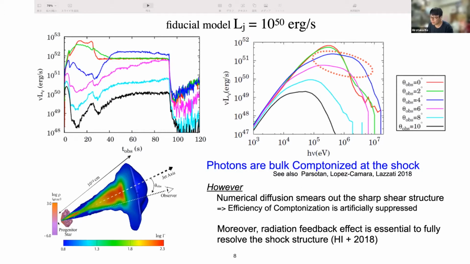Since we have to cover several orders of magnitude in space in order to resolve the photospheric radius, we do not have sufficient resolution to resolve the fine structure within the jet. So in this sense, this non-thermal feature should be considered as a kind of lower bound. But anyway, the main message here is that the spectral broadening is likely to arise from the geometrical broadening effects, even in the absence of non-thermal particles.